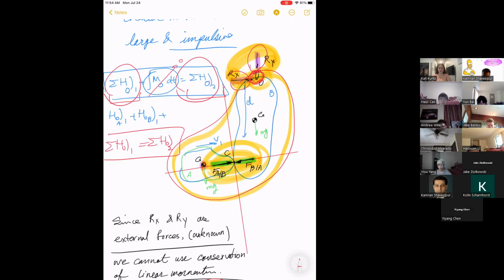Mg, we don't care because it is a small force. But the two forces here are large and impulsive. One way to eliminate them is to use point O as the reference point for angular momentum and moment, right?